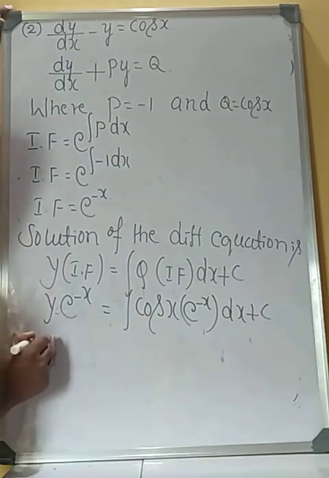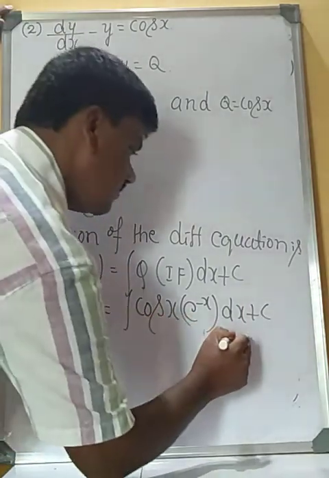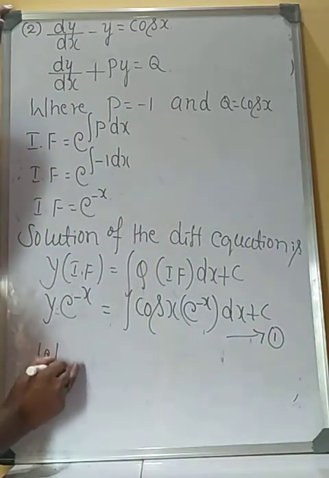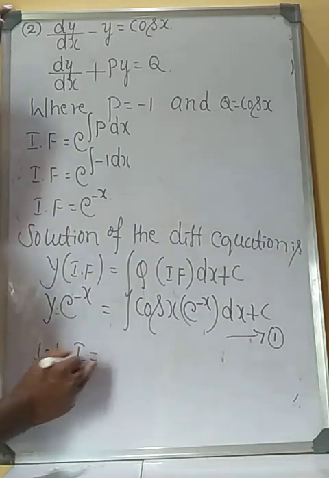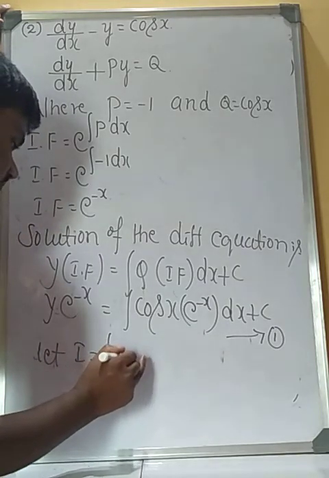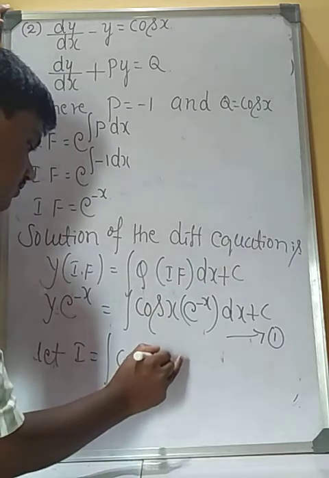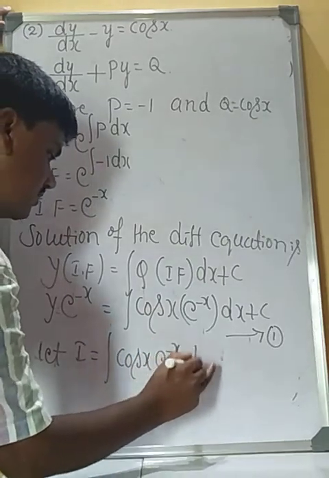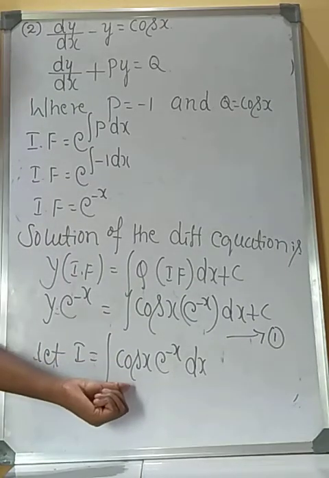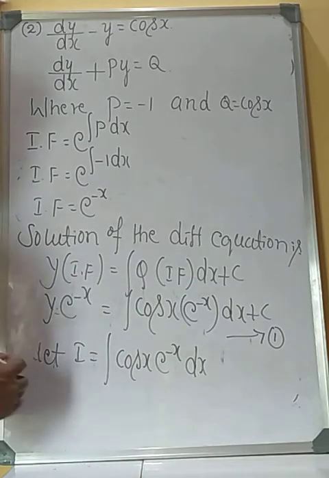Call it equation number 1. Now let I is equal to integral of cos x into e power minus x into dx, by using integration by parts.